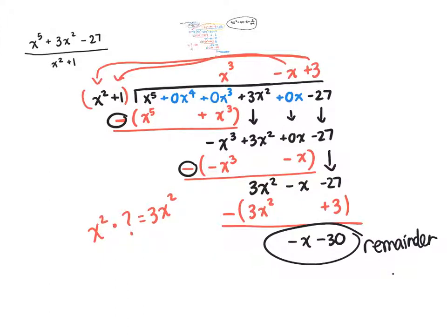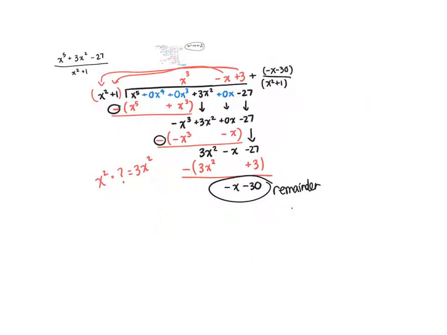So our answer is going to be x cubed minus x plus 3 plus our remainder, which is negative x minus 30 over x squared plus 1.